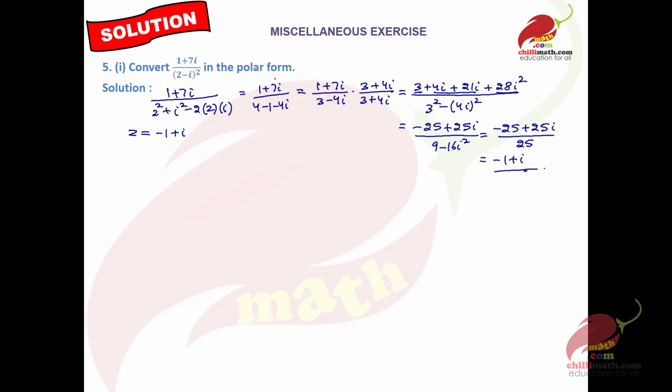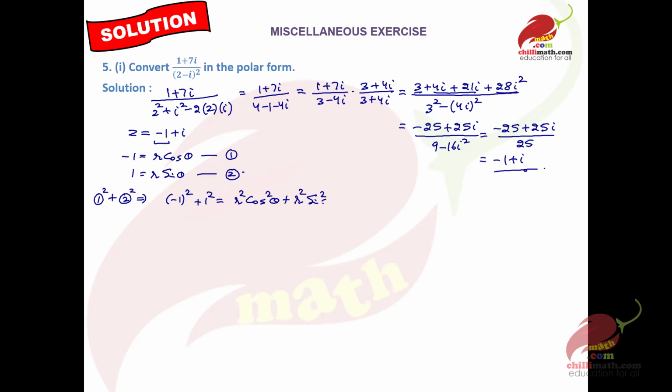And to write in polar form, we need r and theta. For that, we write x equal to r cos theta and y equal to r sin theta, and we mark these equations as number 1 and number 2. To get r, we just square and add these equations. Minus 1 square plus 1 square equal to r square cos square theta plus r square sin square theta.